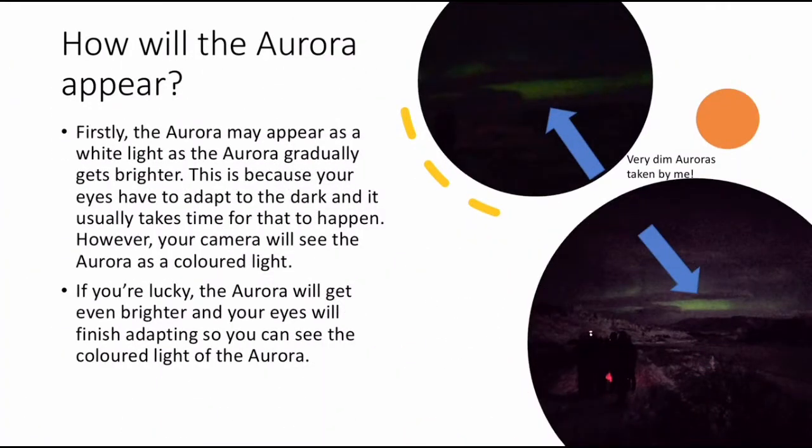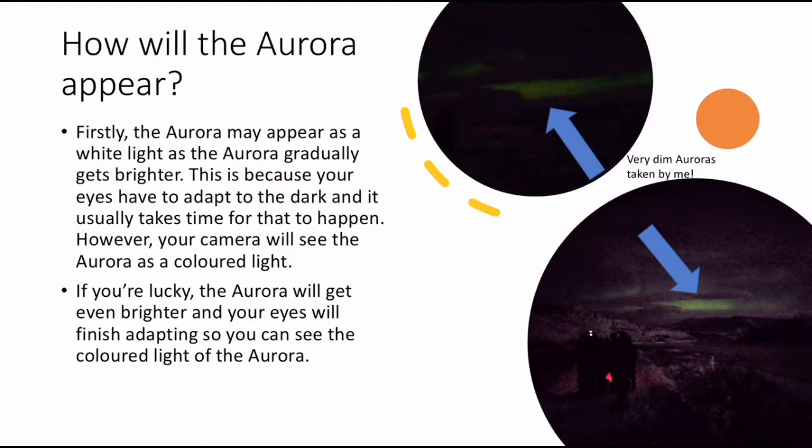The aurora will usually appear as a white light as it gradually gets brighter. This is because your eyes have to adapt to the dark, and it usually takes time for that to happen. However, if you point your camera at the aurora, it will appear as a coloured light, usually green, because that's the most common colour of an aurora.